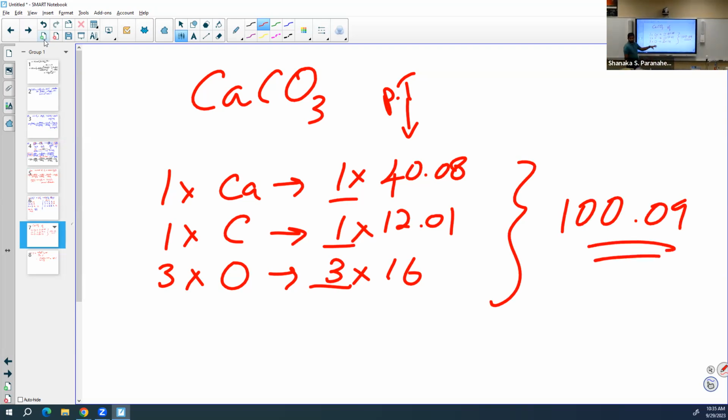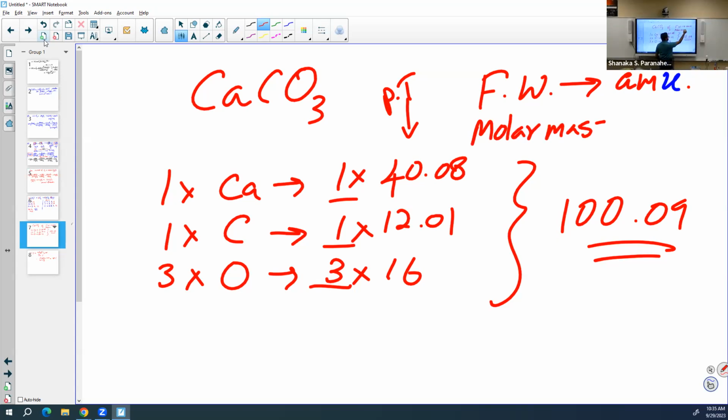If it is formula weight, the unit is atomic mass unit. If it is the molar mass, the value is the same, but the unit is grams per mole.